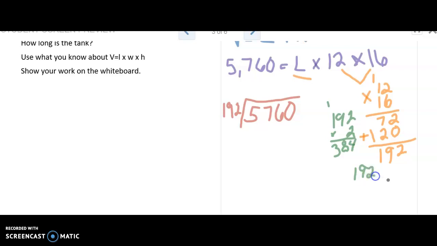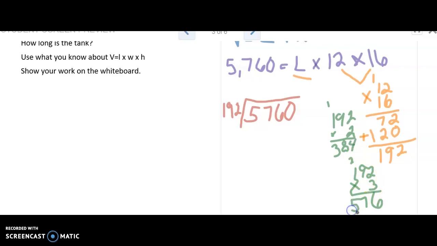Let's try 192 3 times. Let's see if we can get closer to that 576. All right, so 3 times 2 is 6. 3 times 9 is 27. Give me 2. 3 times 1 is 3 plus the 2 is, so 3, 4, 5.